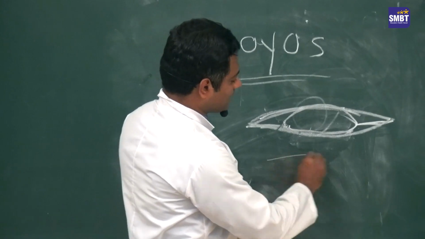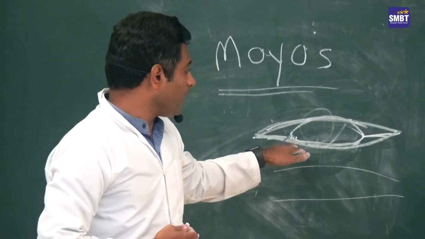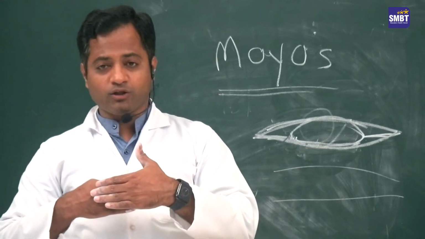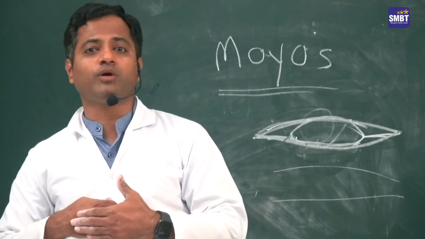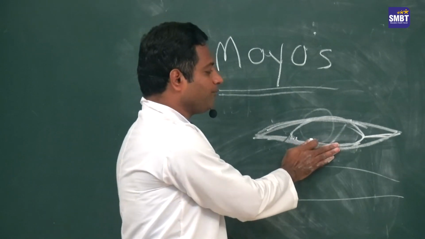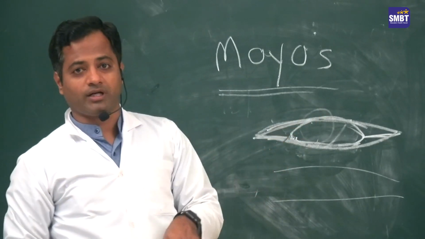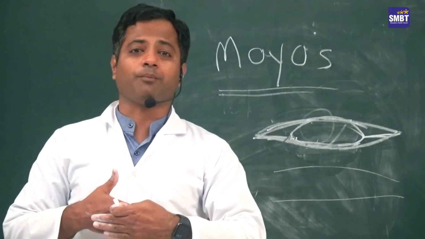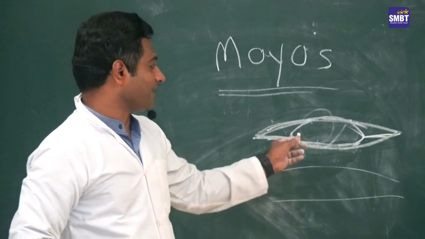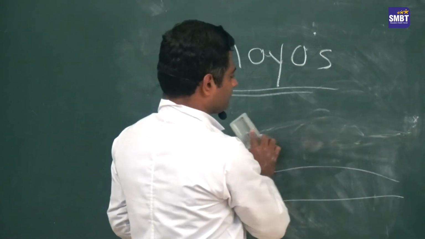Normally this is the anterior rectus sheath like this, but in Mayo's repair you are creating two layers of the anterior rectus sheath. So the lower lip goes below the upper lip and the upper lip comes above the lower lip, so it is called double breasting of the anterior rectus sheath. So this is called Mayo's repair.